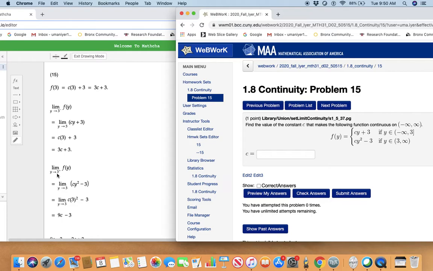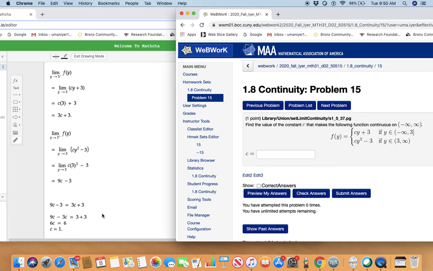But when you are approaching 3 from the right, you are going to use this rule. So c y squared, c times 3 squared minus 3. So it's 9c minus 3. Well, if you want this function to be continuous, then the left limit has to agree with the right limit. That's a minimum.